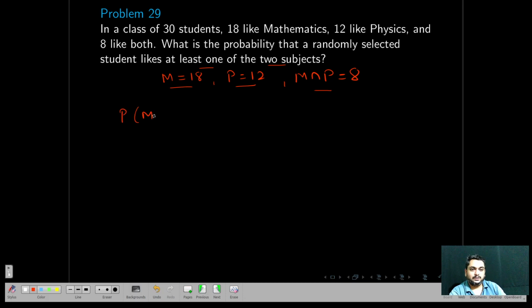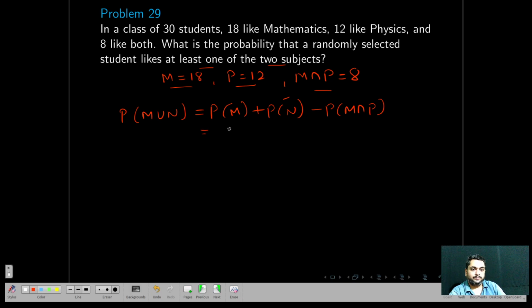So just find M union P, right? This contains P of M or P of P. So at least one of the 2 subjects is present, right? This or this is present. So repeated cases, we have to subtract them.